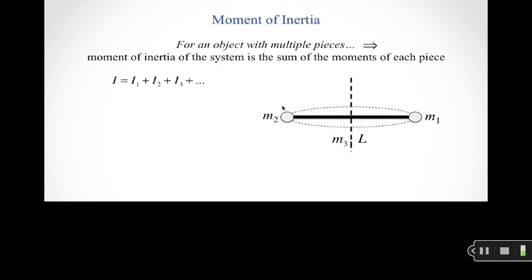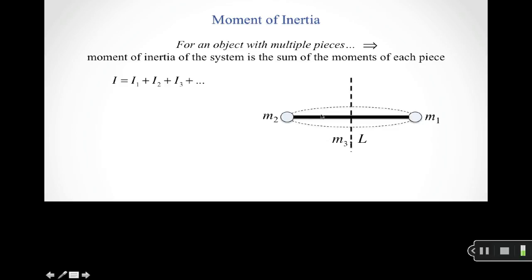So the last piece is, well, what if I've got an object that's made up of multiple parts? So here's a situation where, let's say I've got mass 1, mass 2. They're connected by a rod of length L that also happens to have a mass of M3.